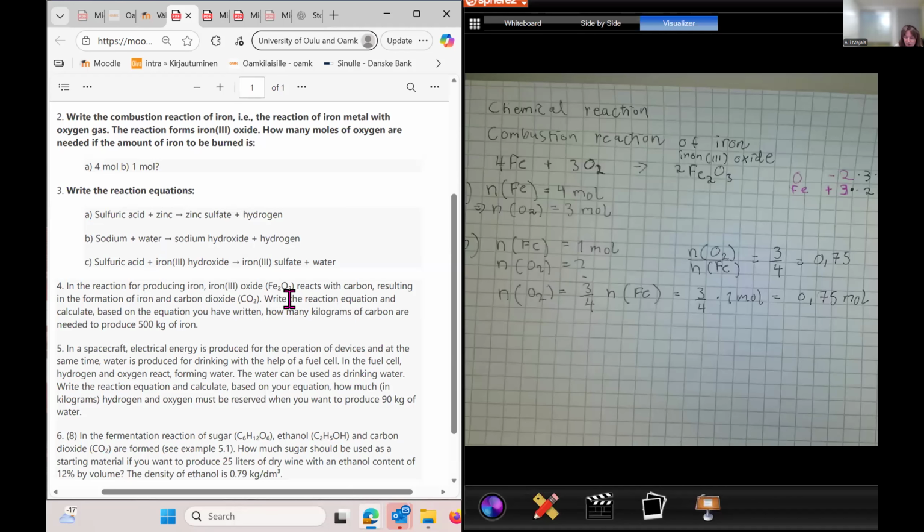And here I can also see the chemical formula already. If this reacts with carbon so that I can gain the pure iron, and I again produce carbon dioxide, how many kilograms of carbon would I need to produce 500 kilograms of iron?